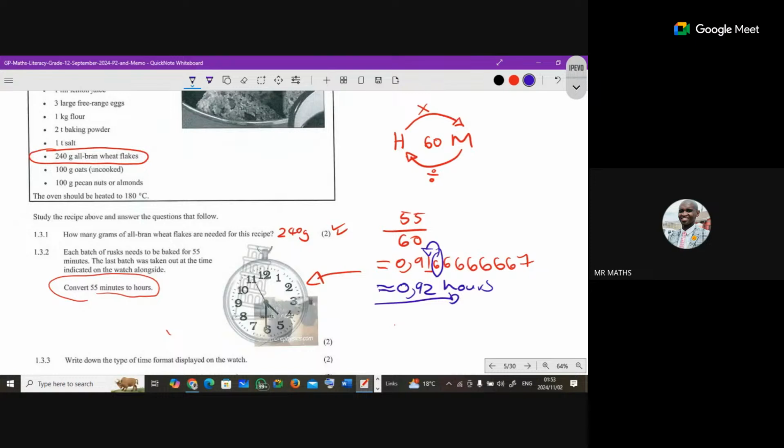Question 1.3.3. They are saying now write down the type of time format displayed on the watch. So what is the type of time? What do we call this time?